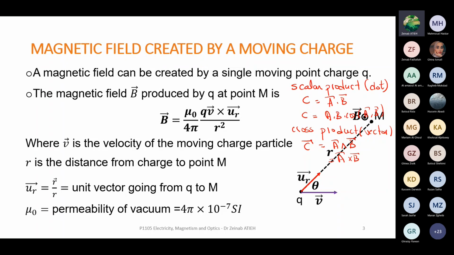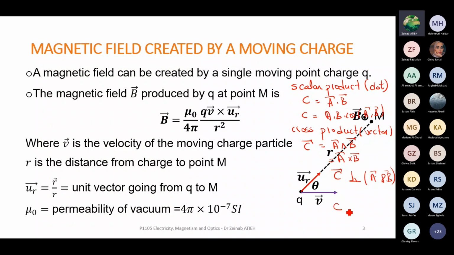So what is this C vector? Simply, the cross product is defined by that C vector is perpendicular to the plane containing A and B.